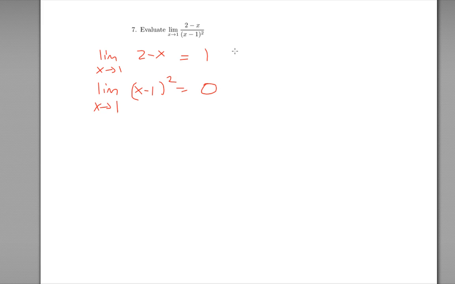Unfortunately, we're not going to be able to do anything like canceling or any conjugate stuff like we've been doing so far. We're stuck with the situation that the top is going to a number and the bottom is going to 0, which means this function is going to infinity or negative infinity. So which is it? Well, the top is going to 1, and the bottom is going to 0, but notice that the bottom is always positive.